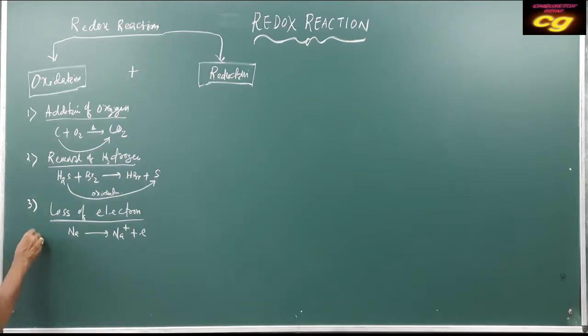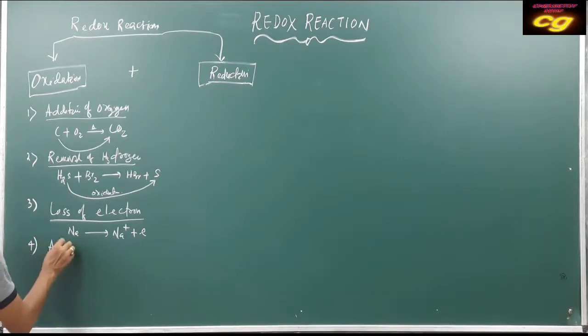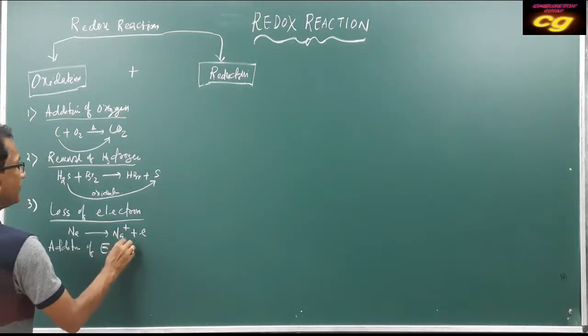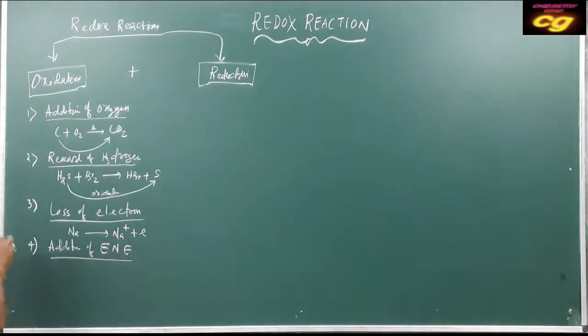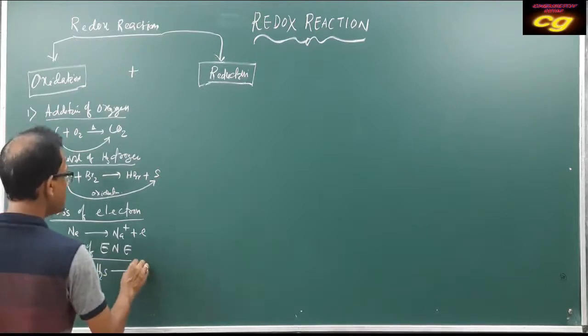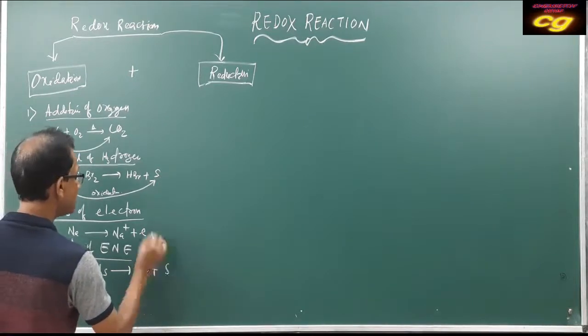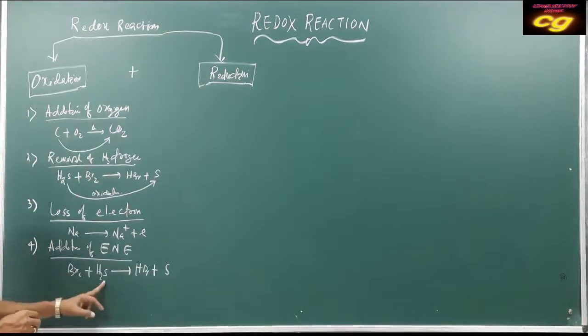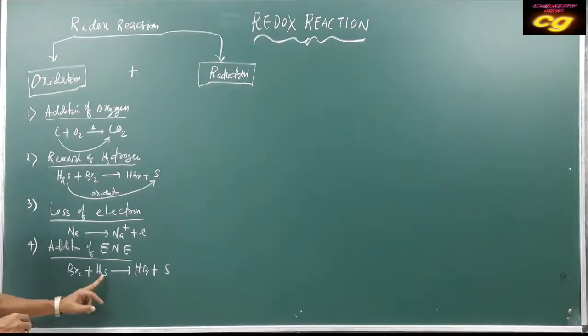Another is addition of electronegative element. Addition of electronegative element is also oxidation. For example, same example, bromine plus H2S changes to HBr plus S. Bromine is added to H2S.